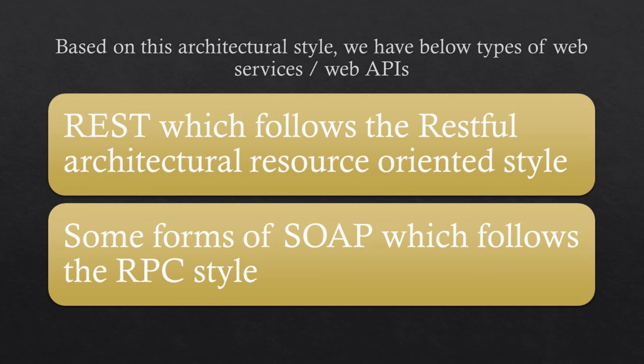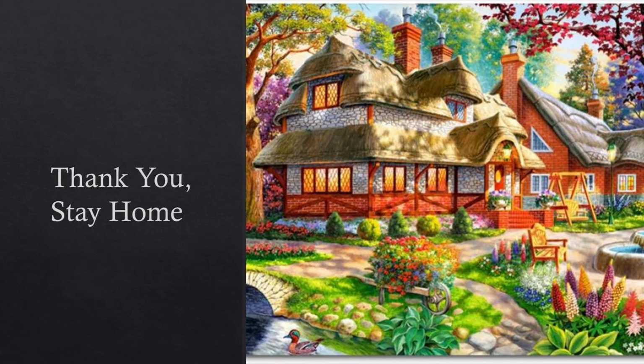Based on that, we had different web APIs like REST API, SOAP APIs, etc. I know friends that I have touched only the tip of a large iceberg, but I believe this is a decent amount of information for us to get the basics about web services. And this only gives us a starting point to explore further.